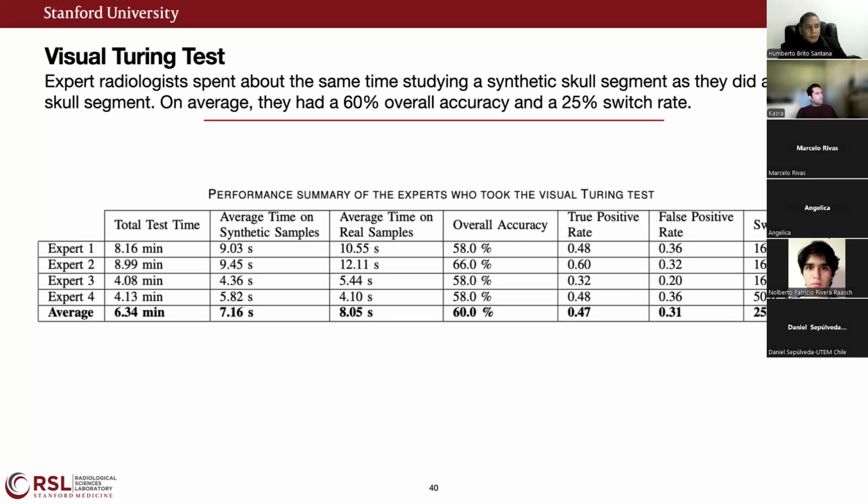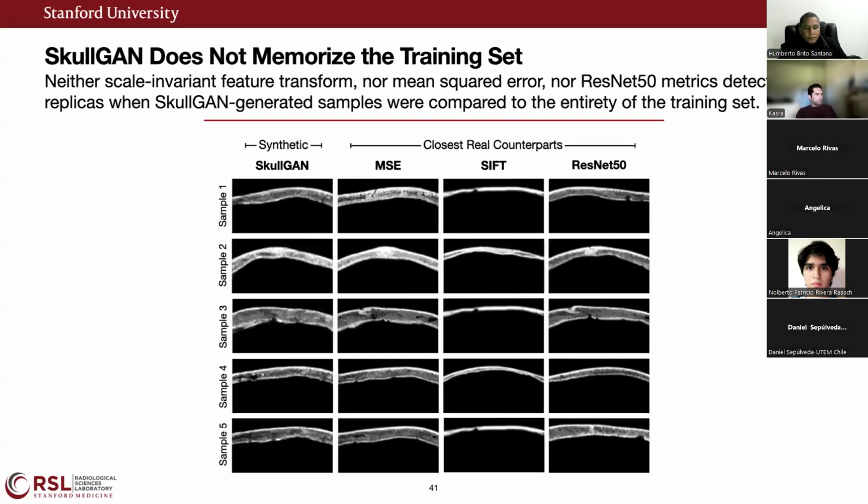And one last thing I'll say about SkullGAN before I switch over to TUSNet is that you may be wondering, what if SkullGAN is just memorizing its training set and regurgitating the same things every time it's generating something new? To prove that was not the case, what we did was we would generate one sample using SkullGAN. Let's look at the top row, sample 1.